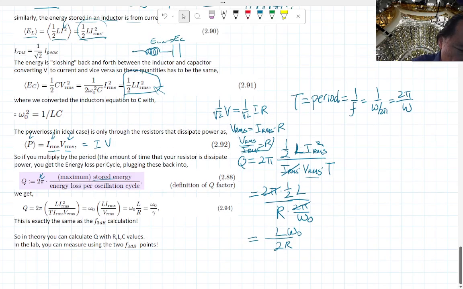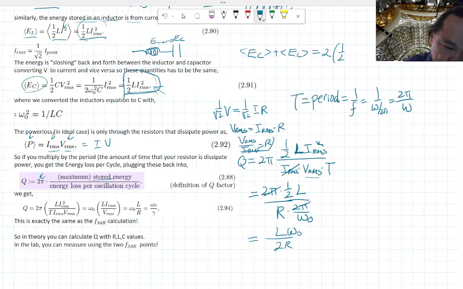So up here, where we said that the energy in the capacitor is the same as the energy in the inductor, I put only one factor of this. Actually in this case, the energy of the capacitor plus the energy of the inductor is going to be twice that. So it's actually 2 times L I RMS squared.